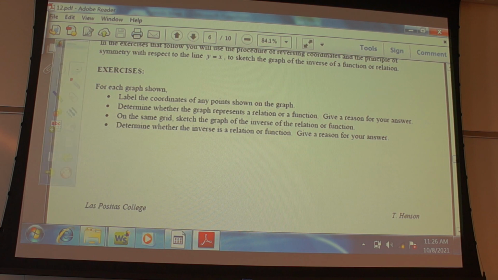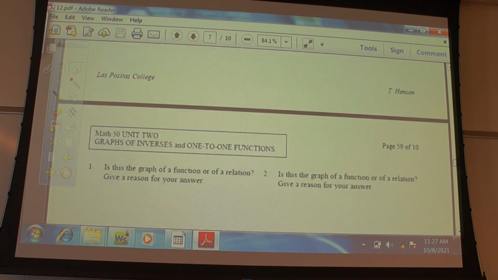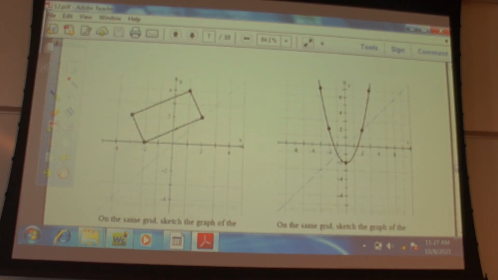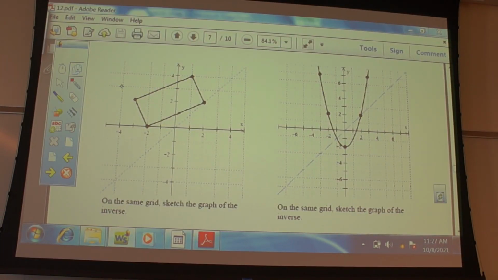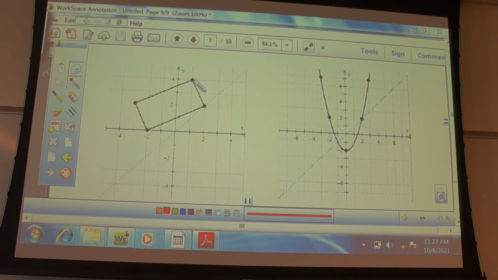For each of these, you're going to label the points, say whether it's a function or relation, and then sketch the inverse and say whether the inverse is a function or relation. Here's the easy way of doing this: point by point, figure out what these points are and label them.